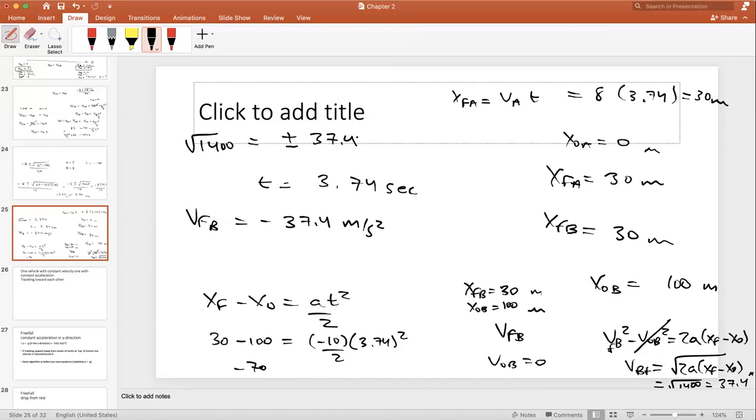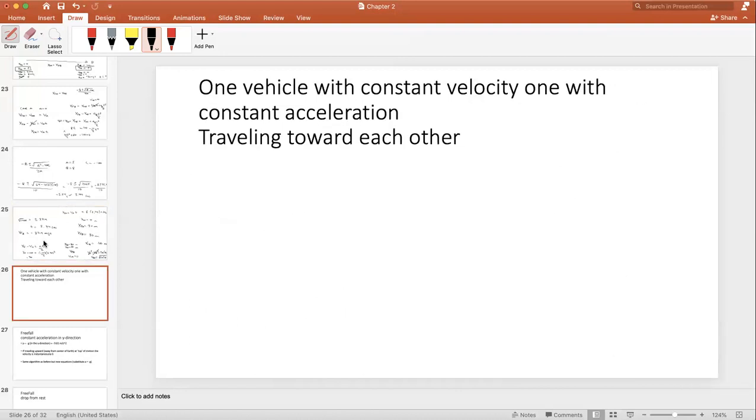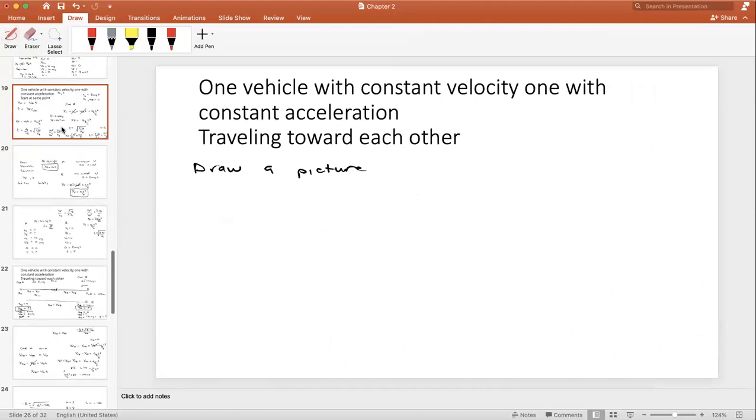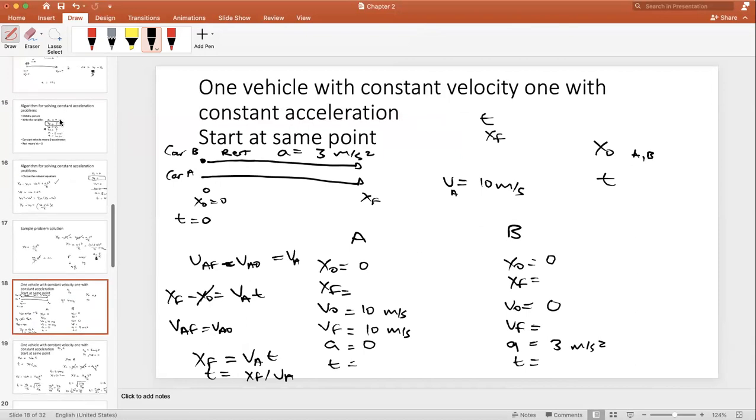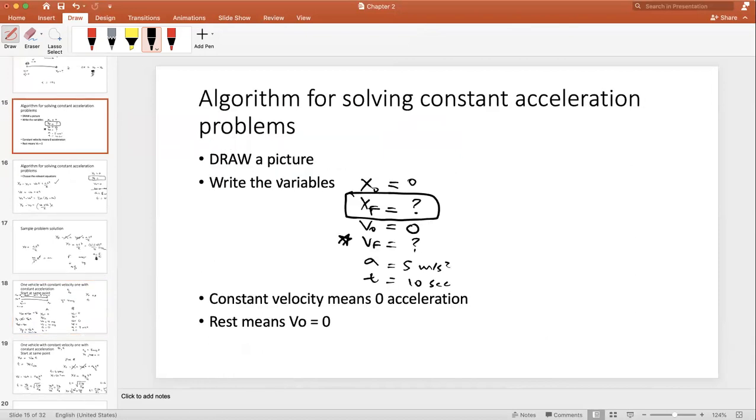You can see that these things have already started to get really complicated. And the only way to keep track of them that I can think of is do the algorithm, draw a picture. Well, let's go back to the algorithm. You can watch this on screen. So draw a picture.